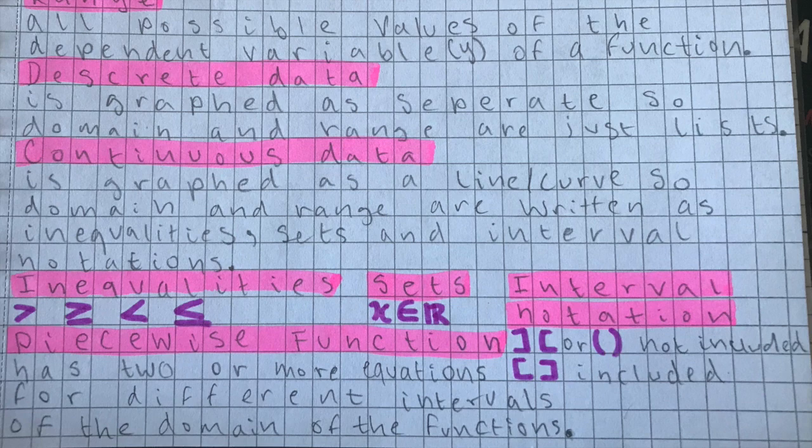So the last thing for this chapter, before we get into the examples, is a piecewise function. Essentially, this means a function that has two or more equations for different intervals of the domain of the function.